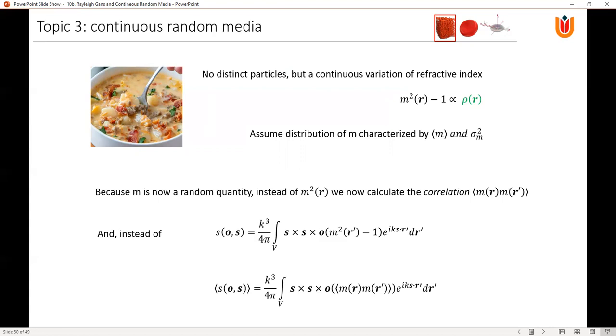That means that the equations change a little bit. So instead of the Rayleigh-Gans equation where m squared was included, you end up with an average. Instead of m squared, we have this correlation function. So the formulation does not change that much, only the inclusion of the refractive index distribution changes a little bit.